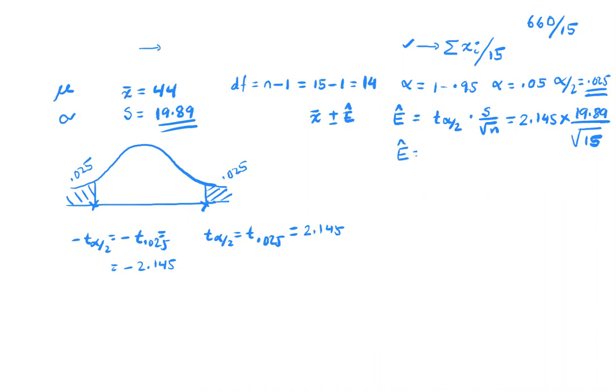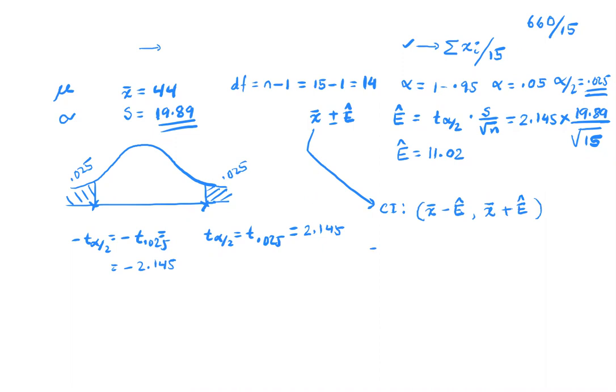If I do the math, what do I get? Anybody got to that point? 11.02. Who is talking? Araceli. Araceli, 11.02. Anybody else got 11.02? Yes. Okay, great. So our confidence interval is going to be X bar minus E, comma, X bar plus E, right?